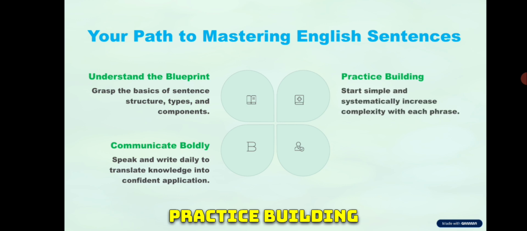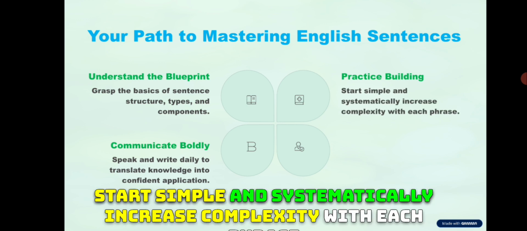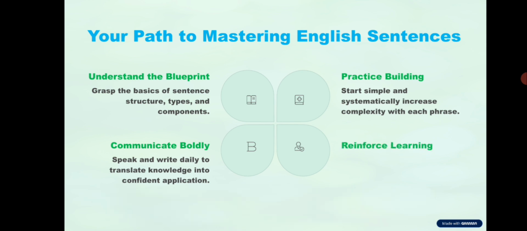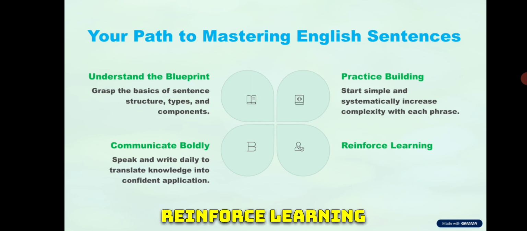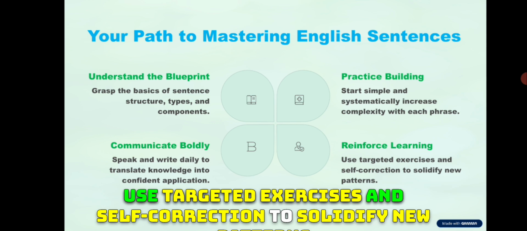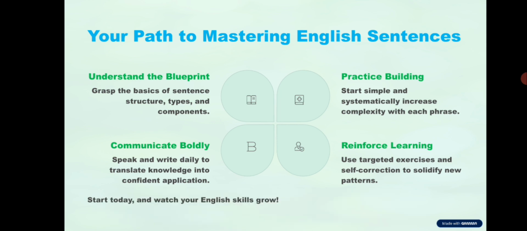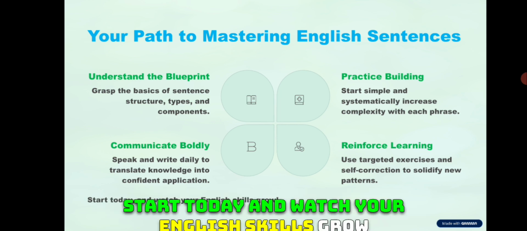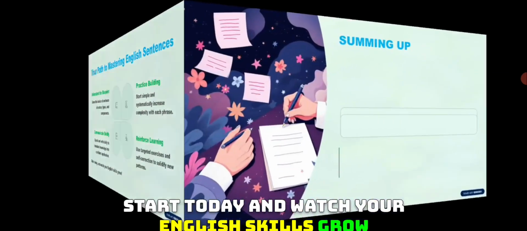Practice building. Start simple and systematically increase complexity with each phrase. Reinforce learning. Use targeted exercises and self-correction to solidify new patterns. Start today and watch your English skills grow.